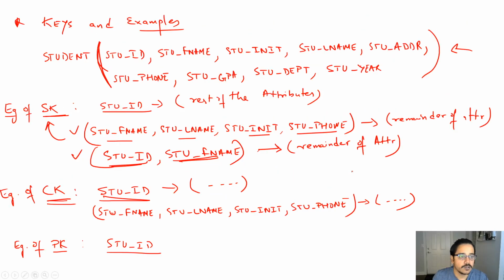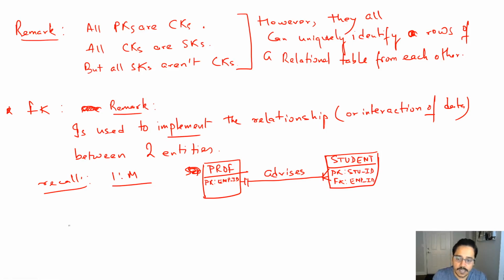So in addition to the other attributes, we will have a different attribute that is not a part of this table as such, but is coming from another table, something along the lines of professor ID, in order to establish a particular relationship, and that is a foreign key of that particular table. That is the concept of a foreign key.